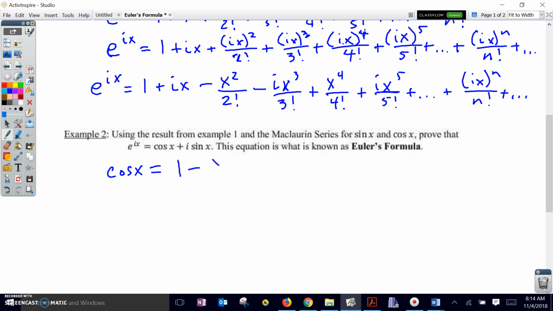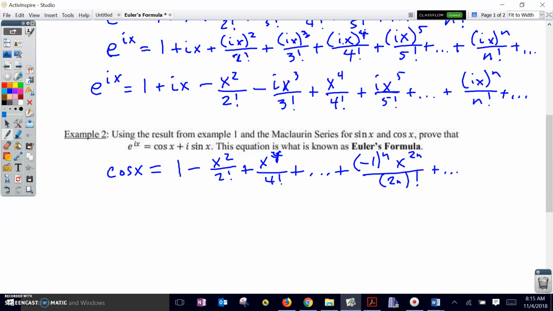That's just 1 minus x squared over 2 factorial plus x to the fourth over 4 factorial, etc., etc. And the series for sine of x is x minus x to the third over 3 factorial plus x to the fifth over 5 factorial, etc., etc.